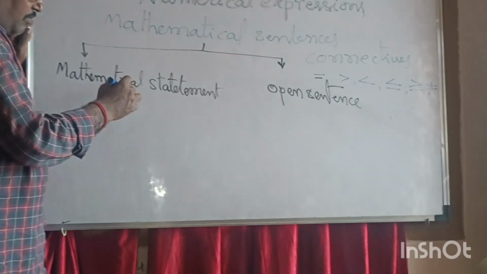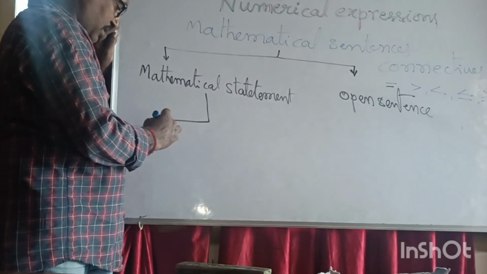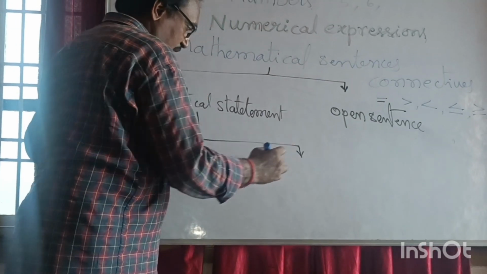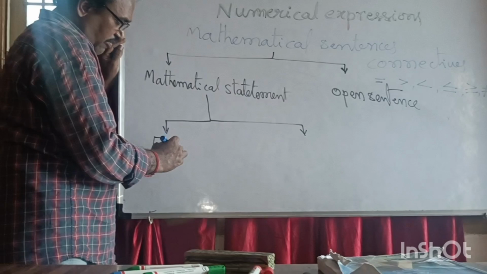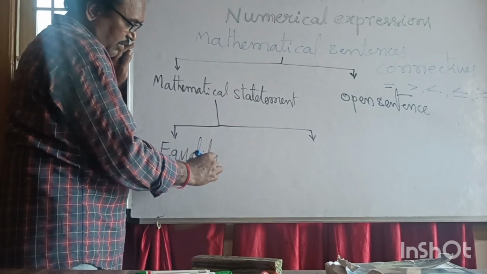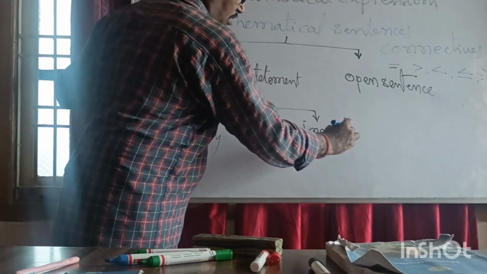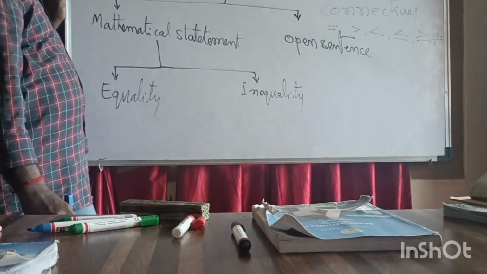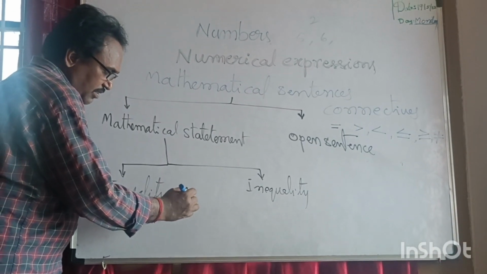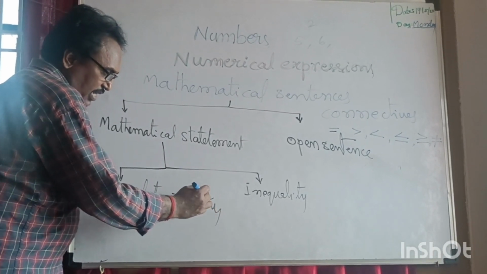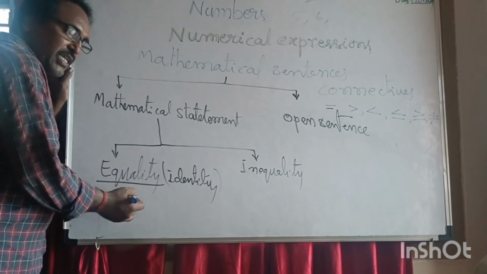Now this can be expressed as equality and inequality. Equalities we generally say are identities. Equality means you can express using the is equal to sign.